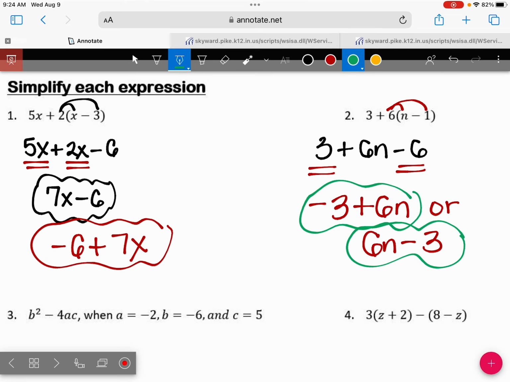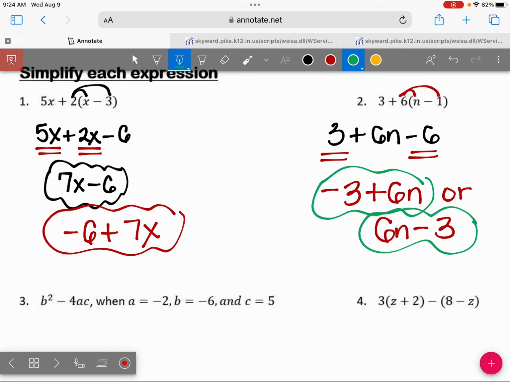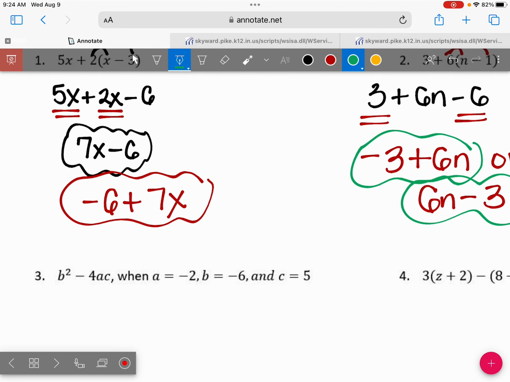Okay, so now let's look at question 3. So we have an expression b squared minus 4ac, and they tell us that a is negative 2, b is negative 6, and c is 5. So what that means is we have to substitute. We have to do a substitution first. So I'm going to substitute negative 6 in for b.